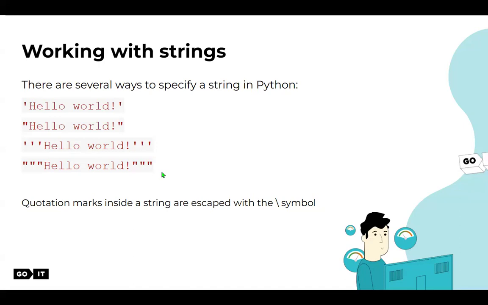As long as you enclose a string in quotation marks, whether single or double, Python will automatically consider that a string and treat it as that data type.